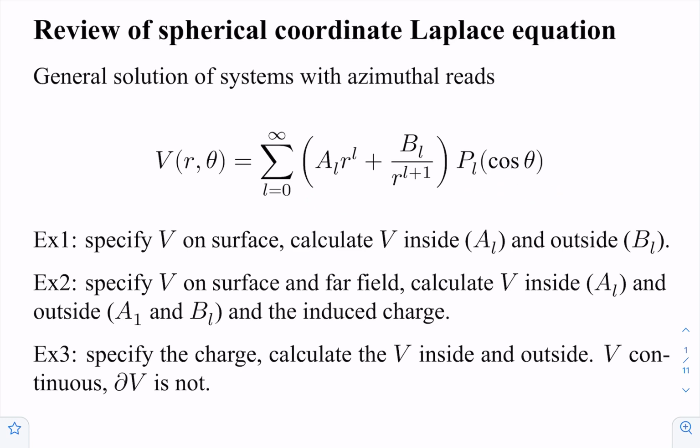And in the first example, we specified the potential on a surface and calculated the V both inside and outside this surface. So we found out that the AL is responsible for the potential inside the surface, and the BL is responsible for the potential outside the surface.